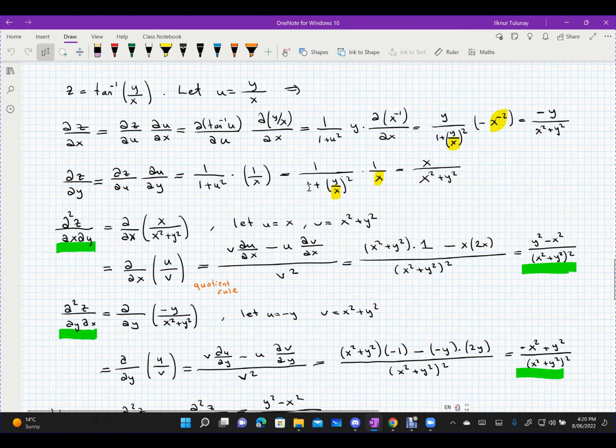Then we simplify, putting u back in. We have x squared plus y squared divided by x squared. The x squared in that denominator would simplify with the x here, and then the x will go back into the denominator. We will then have x over x squared plus y squared. So these are the first partial derivatives of this function. Let's have a look at the second partial derivatives.